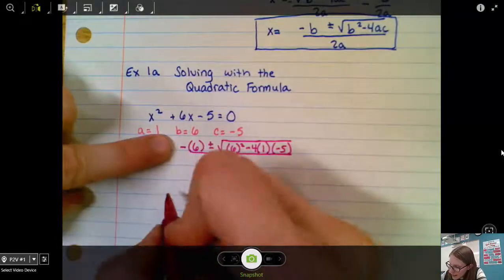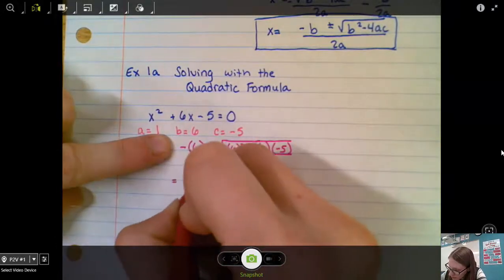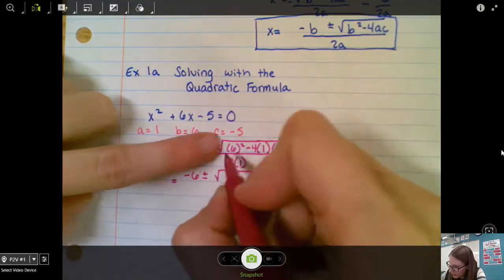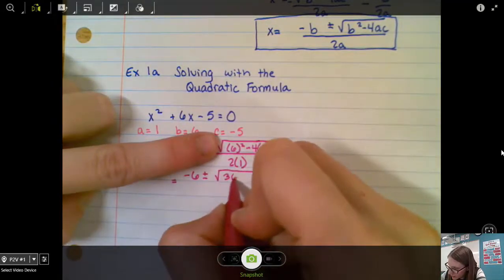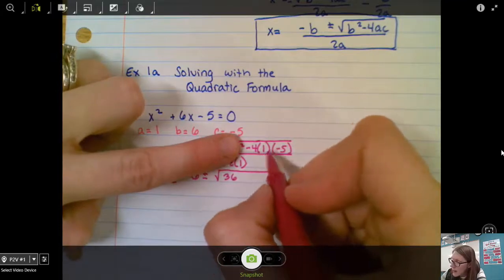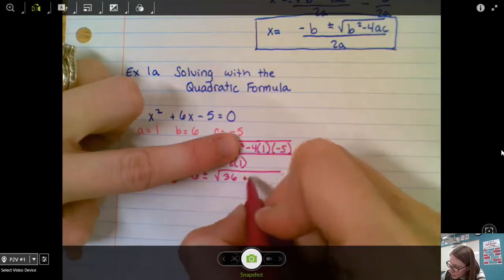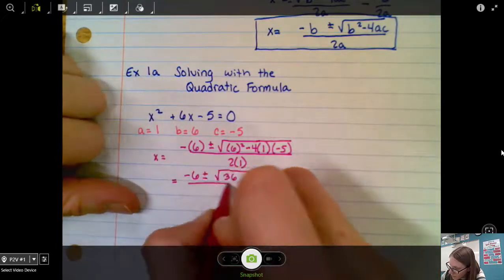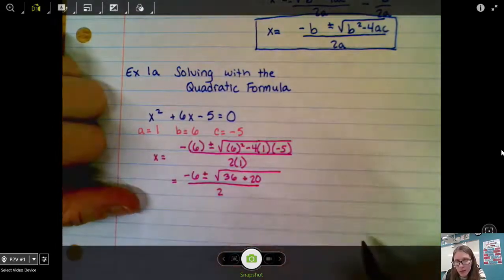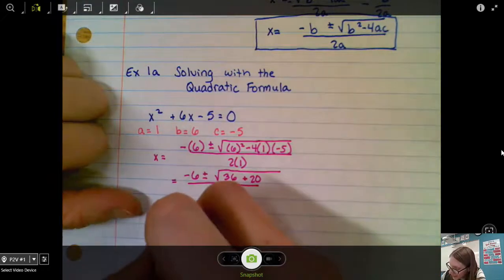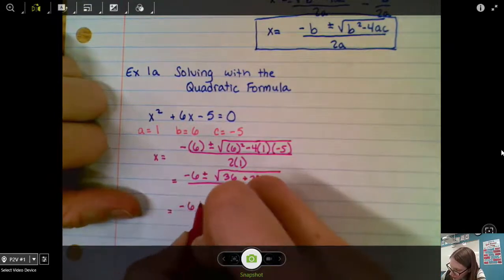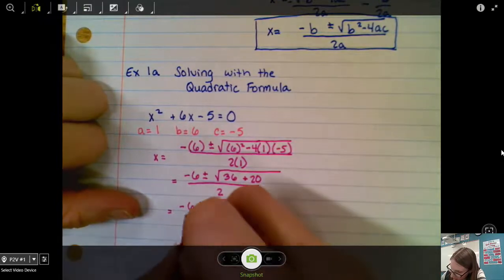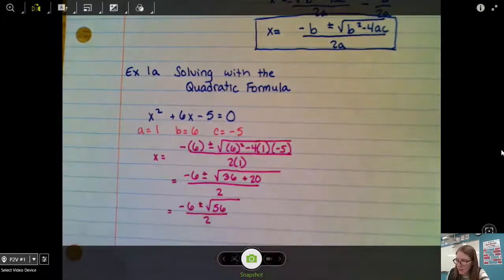Okay, negative 6 plus or minus the square root of 6 squared is 36 minus 4 times 1 times -5 is plus 20, over 2. And let's keep going. It's negative 6 plus or minus the square root of 56 over 2.